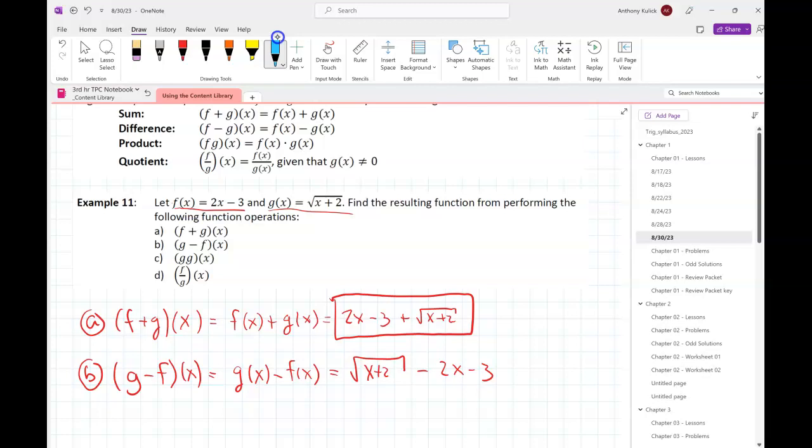Mr. Kulik made a mistake. He did it on purpose. Does anybody see the mistake? Okay, let me show you then. Here it says all of f of x is negative, so I should have a parenthesis here because I'm going to have to distribute that negative through.